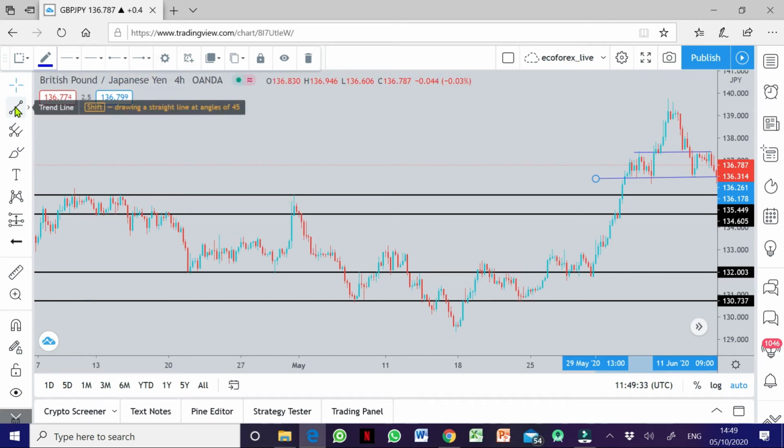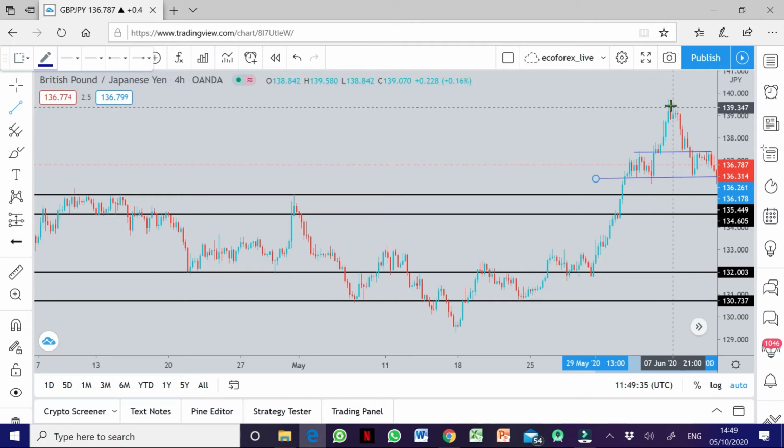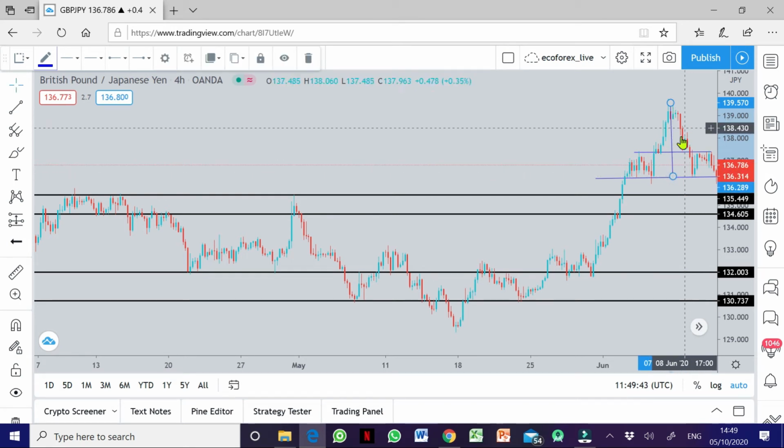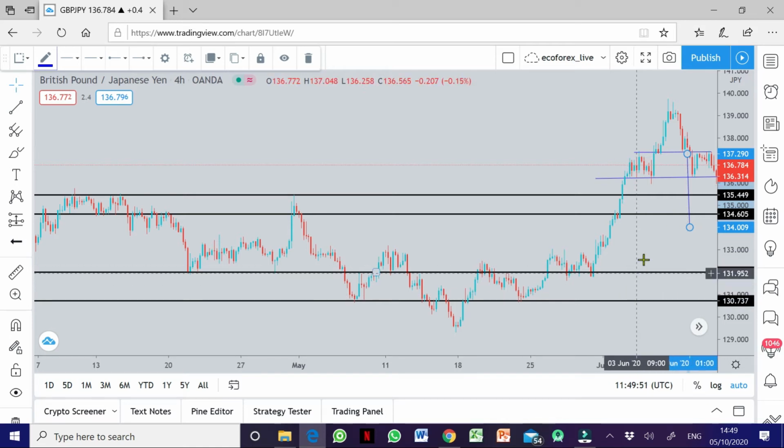Yeah, let me measure my target. Your target should be this distance, the neckline. In this distance you transfer it from this point to here. So my take profit will be here.